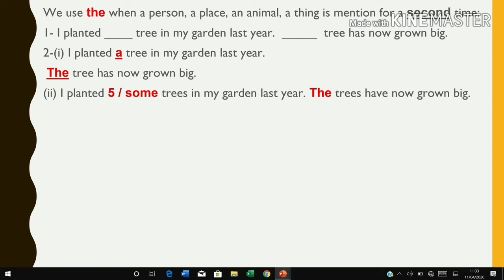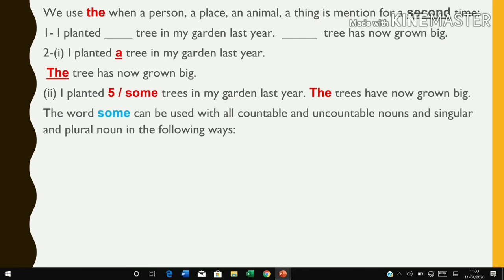I planted some trees in my garden, the same trees I informed you about before. So I mention the same trees, and the trees have now grown big. The word some can be used with all countable nouns, uncountable nouns, singular nouns, and plural nouns. Look at this example: I want some apples and I want some paper.